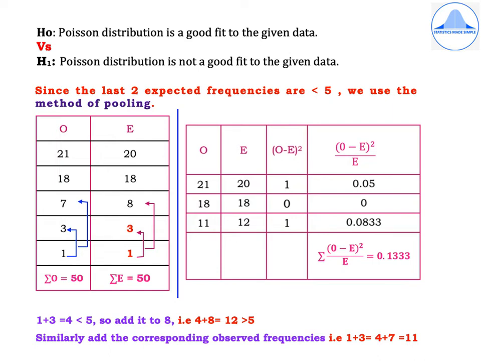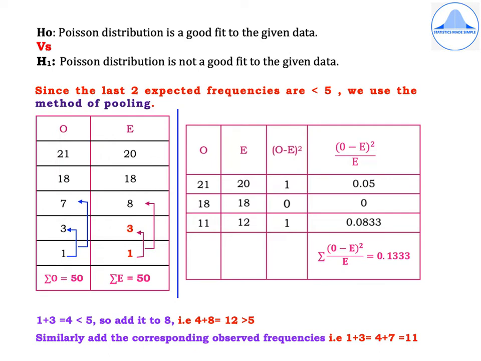So let us write down the null hypothesis H0, the Poisson distribution is a good fit to the given data, versus H1, the Poisson distribution is not a good fit to the given data. Now write down the observed frequencies and the expected frequencies which we have obtained, as shown in the extreme left of the slide.